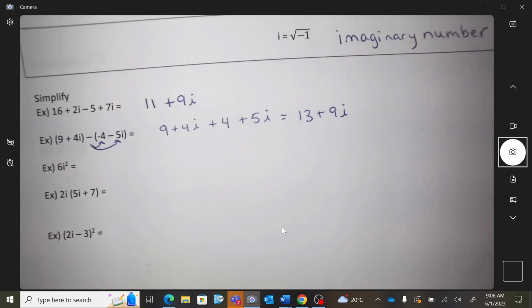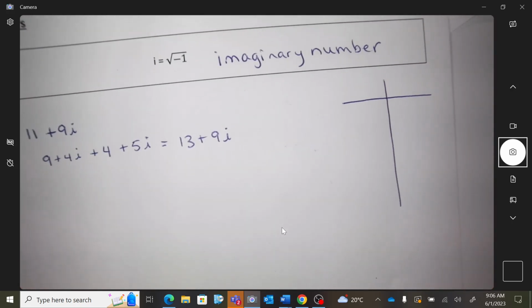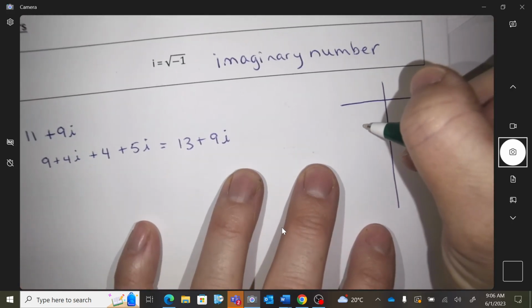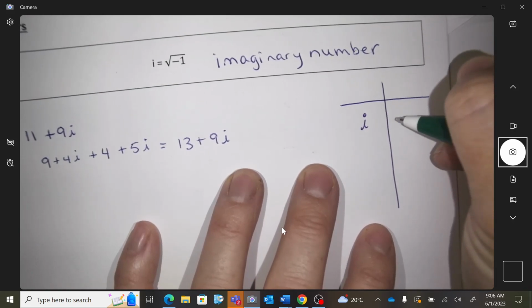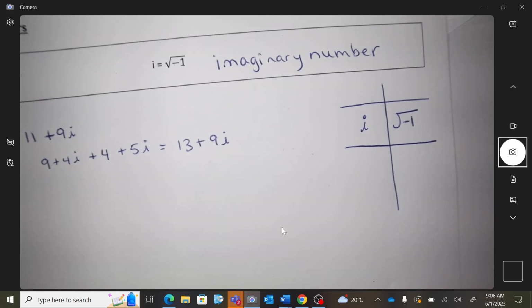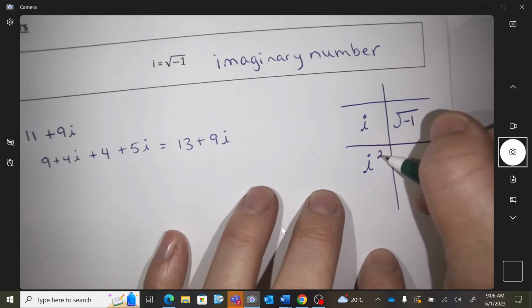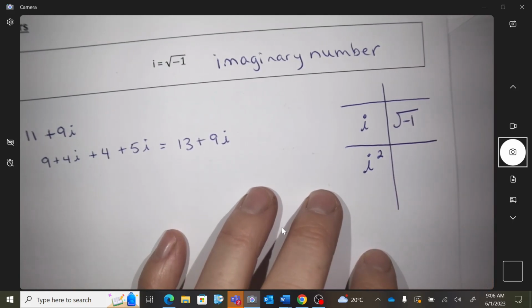Okay, now I'm going to go over here and make a chart. So i is the square root of -1, so that's what we know. What would i squared have a value of?